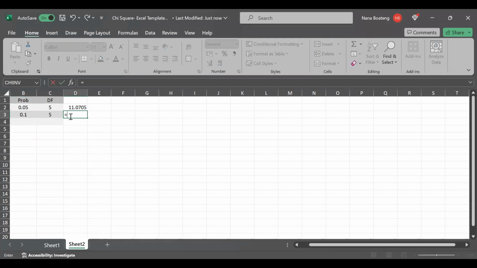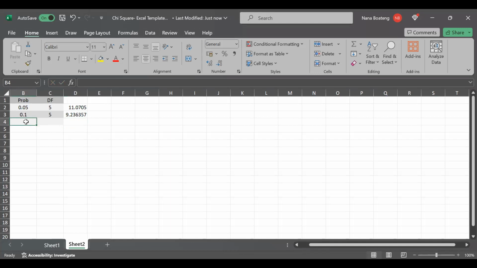So here is 0.1, and then our degree of freedom is 5. Close it. So you see the 9.24 that you calculated, yeah?